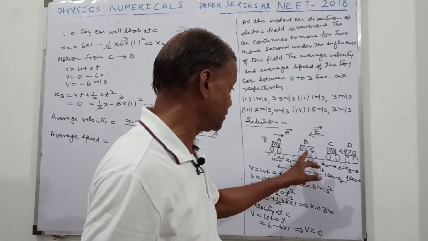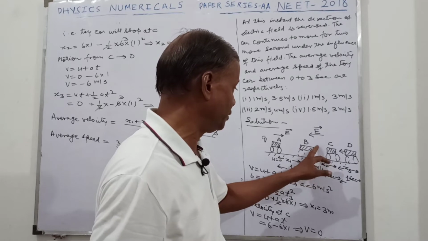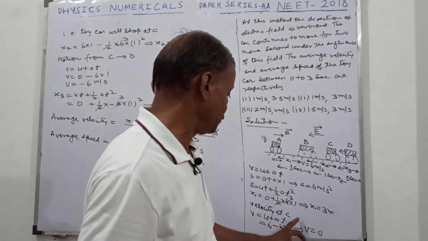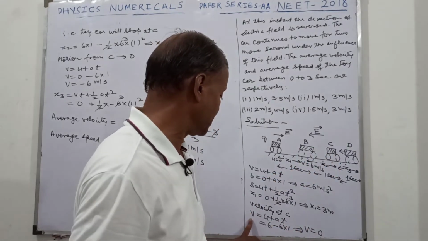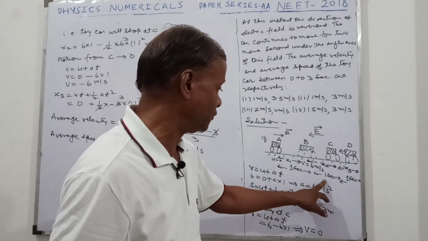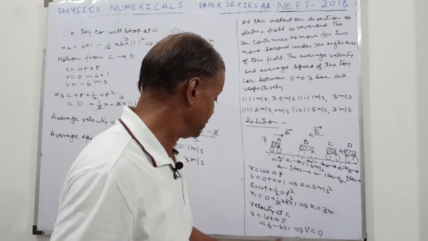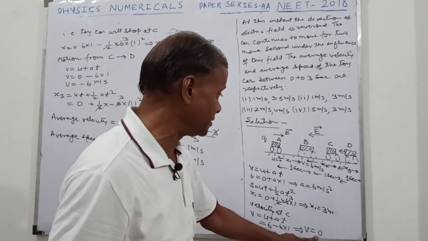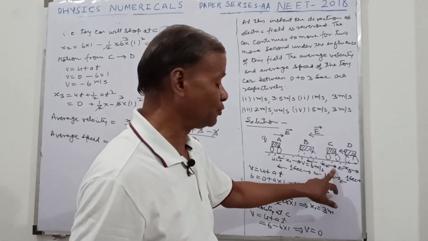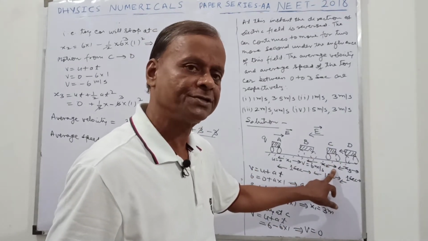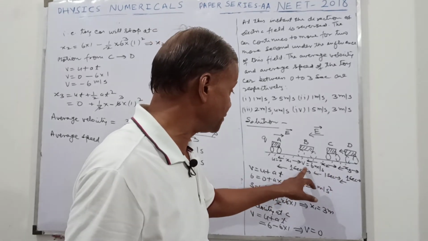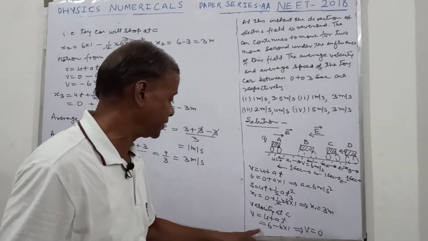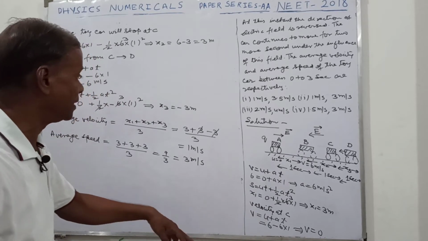Then after this A to B, we go to B to C. Again we have to find the velocity for the next 1 second. So for the next 1 second the velocity coming is 0. It means that this toy car will come at rest at the point C. So how much is the distance x2? Now the car is moving.